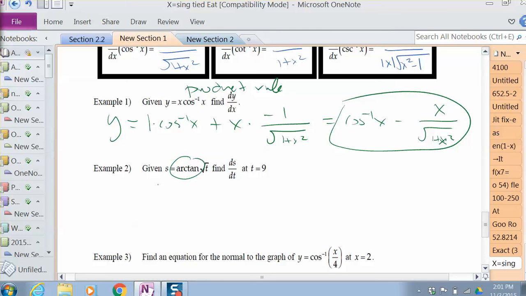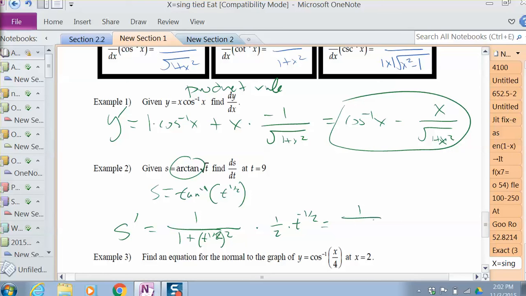Arctan, if you forget, it's the same thing as inverse tan. And that's going to be t to the 1/2 power. And actually that's y prime for example 1, sorry about that. So s prime will be 1 over 1 plus x squared, or in this case 1 over 1 plus t to the 1/2 raised to the second power, times the derivative of the inside, 1/2 times t to the negative 1/2.